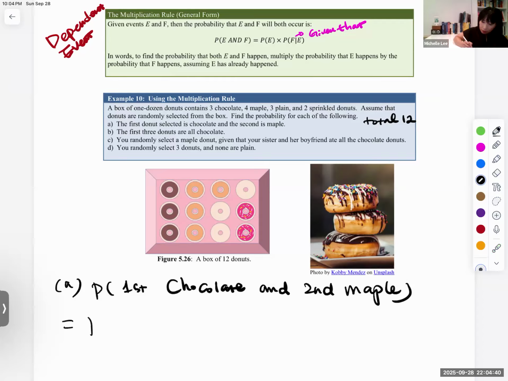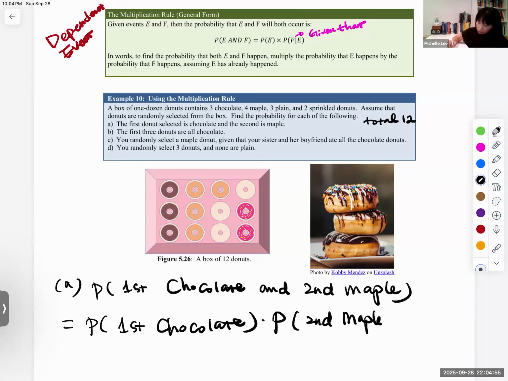All right, so there will be the probability of first chocolate times second maple, given that first chocolate, right?